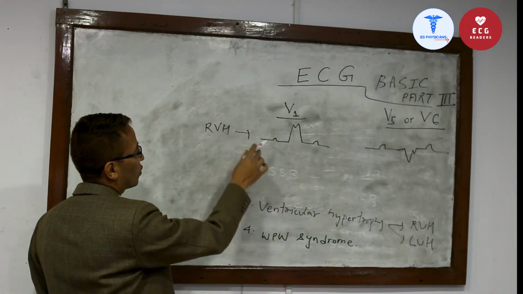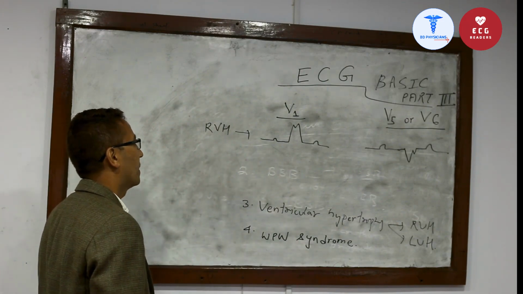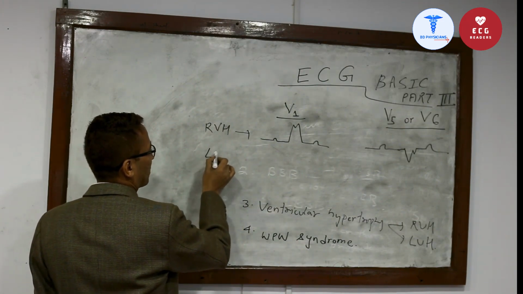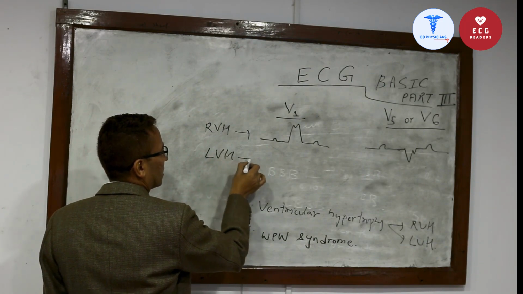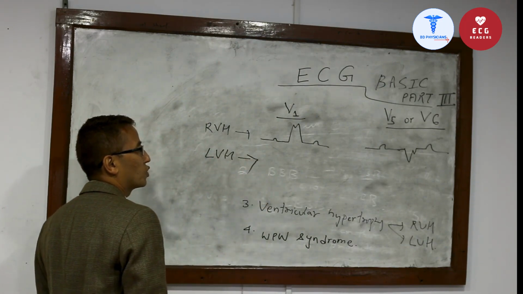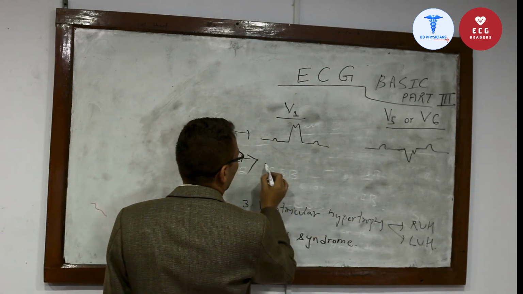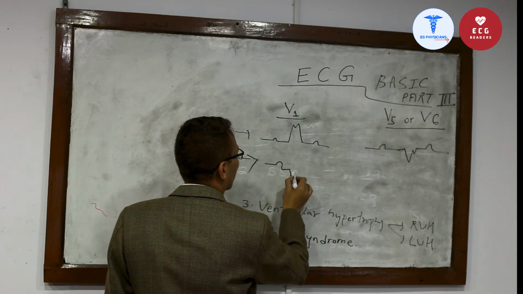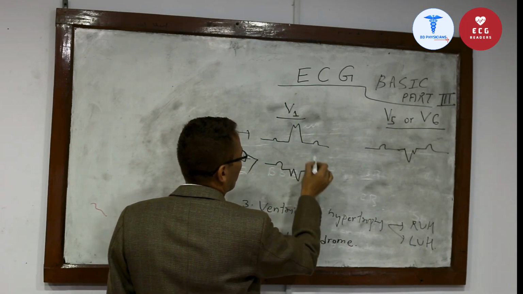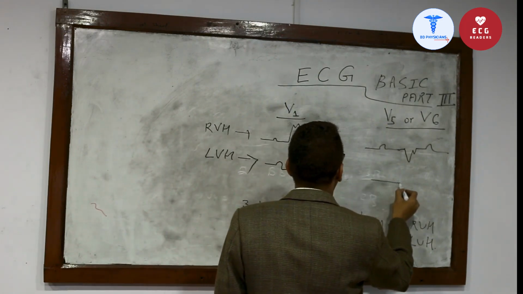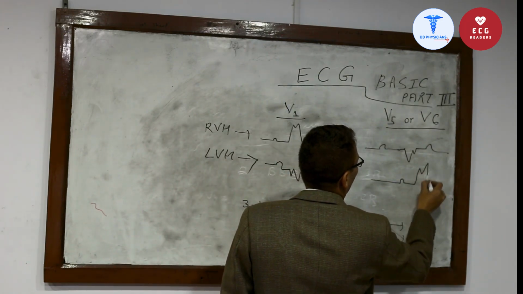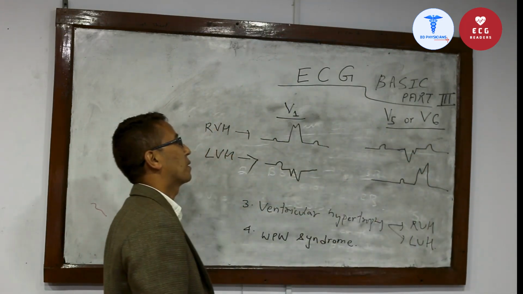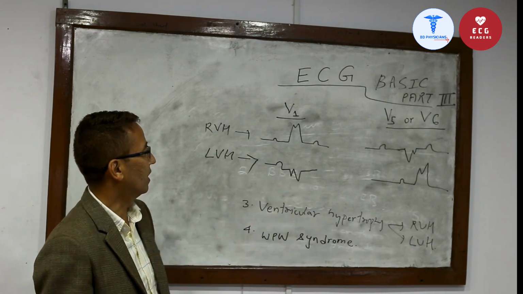But in left ventricular hypertrophy, the ECG picture is totally opposite: W pattern in V1 and M pattern in V5 or V6.